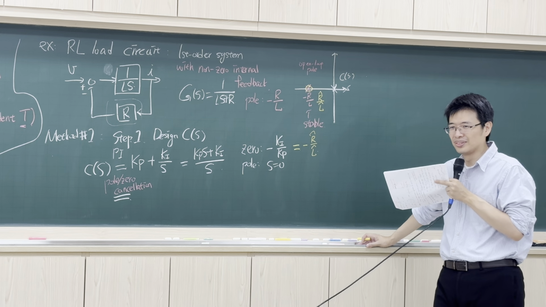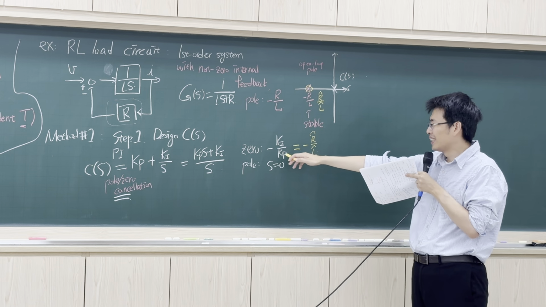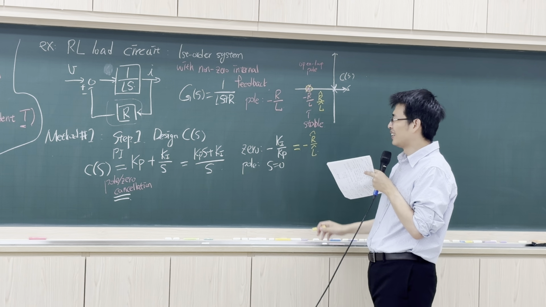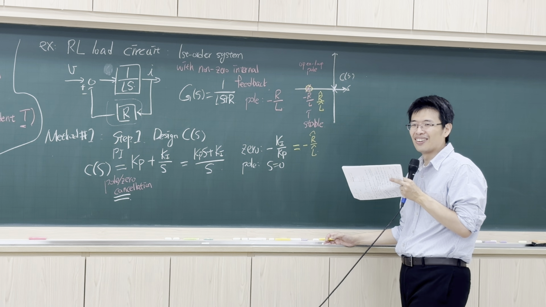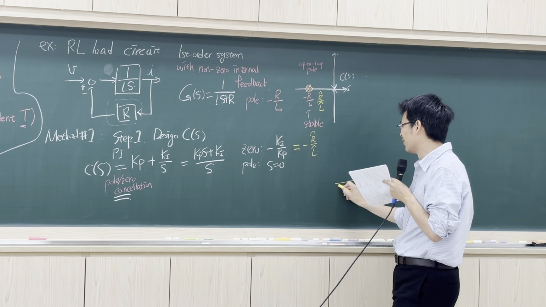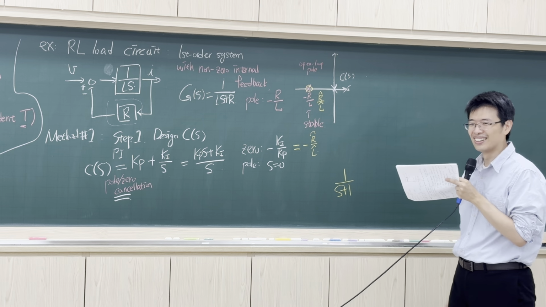Next issue, for this pole zero cancellation, if you directly decide a zero in this area, you can only have 1 radian per second bandwidth because the overall transfer function will be equal to 1 over s plus 1.